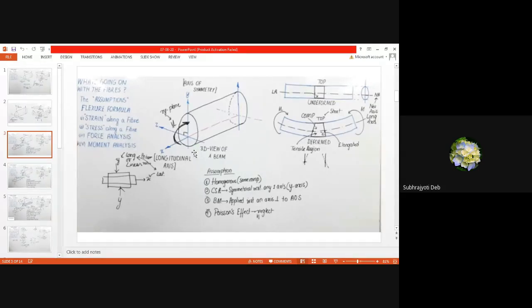So if the beam is bending, it will elongate in the x direction, but its length in the y direction will be reduced, isn't it? If it extends in the x direction, the dimension in y will be reduced.